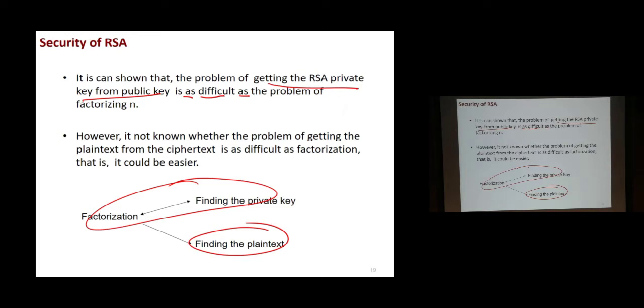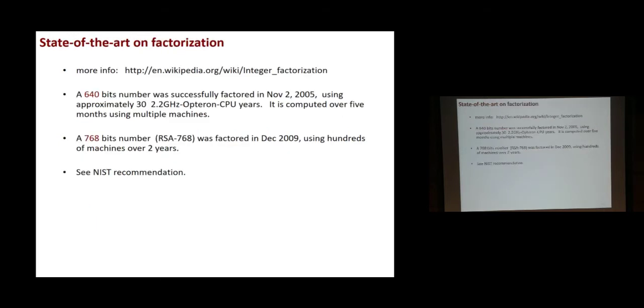So the community invented a problem called the RSA problem: from the ciphertext and public key, find the plain text. They believe that this problem is difficult. So in a certain way, RSA is secure because we assume that it is secure in this aspect.